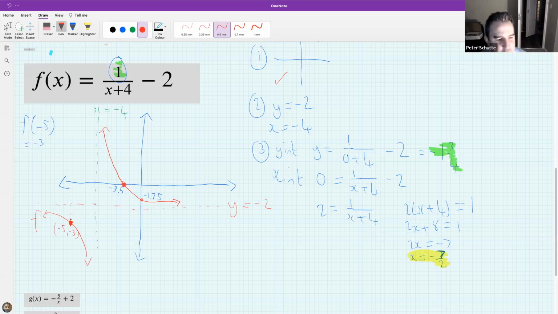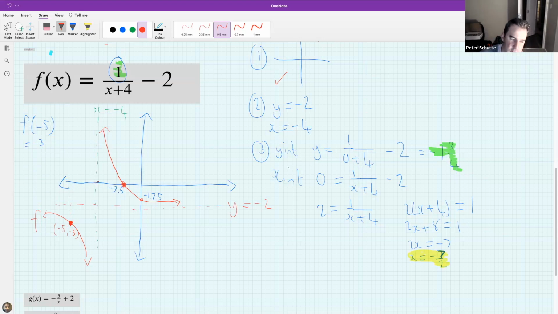Give me a thumbs up if you understand what I'm doing there. I'm creating another point on the graph just in case the question says, label a point, make sure you label a point on each half of the graph. I could have put minus 6 in. Okay, a lot of you, I've lost you here. All I need to do, if I wanted to get a point on this side of the graph, is make sure I'm to the left of x equals minus 4.